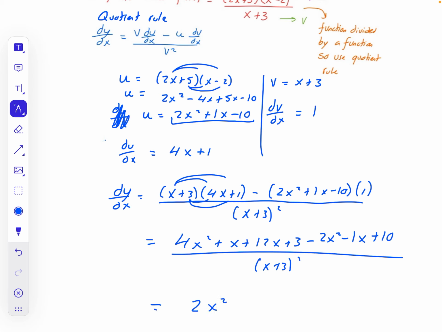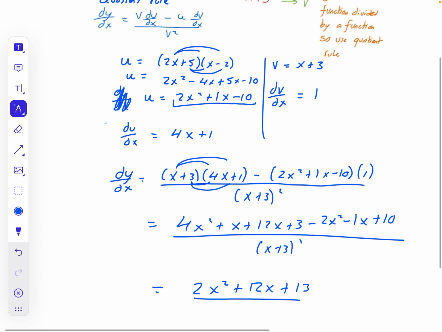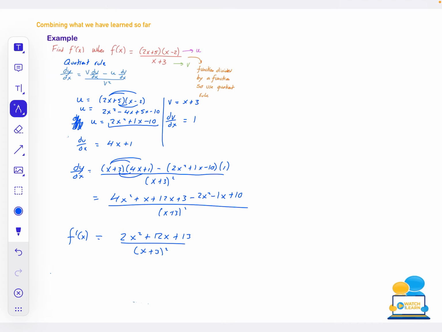Divided by x plus 3 all squared. Simplify it a little bit more, that'll be 2x squared plus 12x, when you tidy up the x's, plus 13. So that is dy dx, or f dash x if you want to write it like that, at the end.